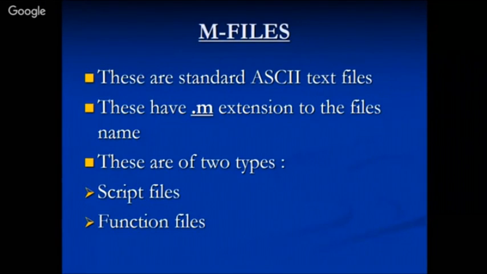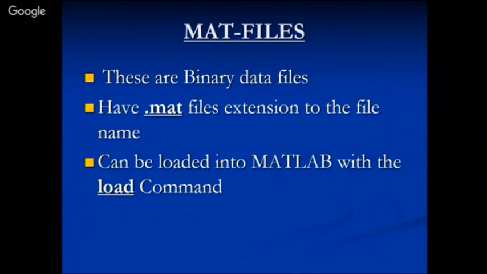So first is the M file, that is the script files and the function files are saved in the form of .m files, that is ASCII text files. You can say they are standard ASCII text files. Next is the mat file. So these are the binary data files and have .mat file extensions and can be loaded by using the load command. Okay, so using load also you can load it.